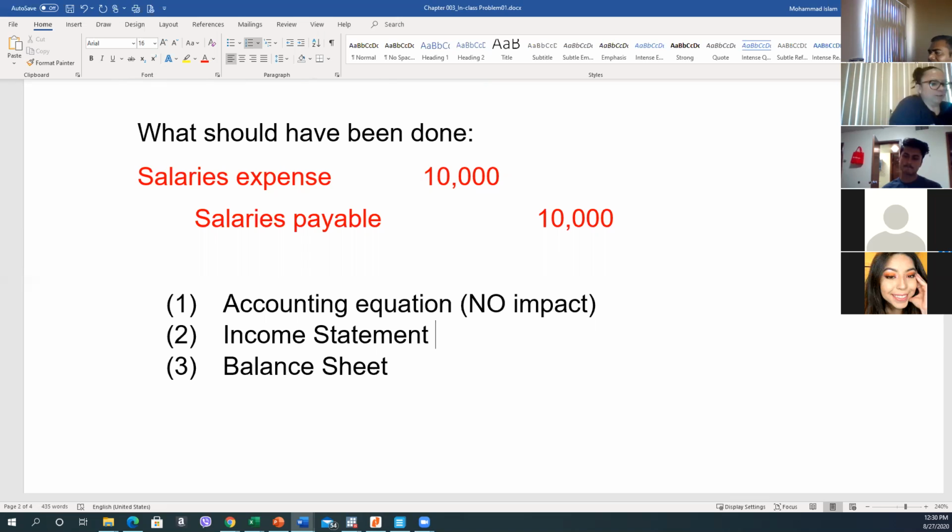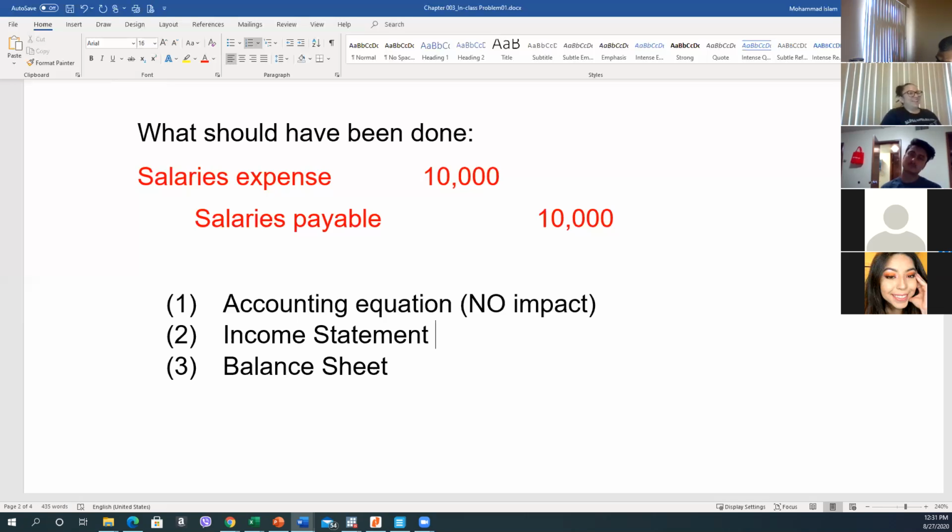But see that in the accounting equation, we don't have an impact because we did not record. Do we have an impact on the accounting equation? Because we did not record, no.